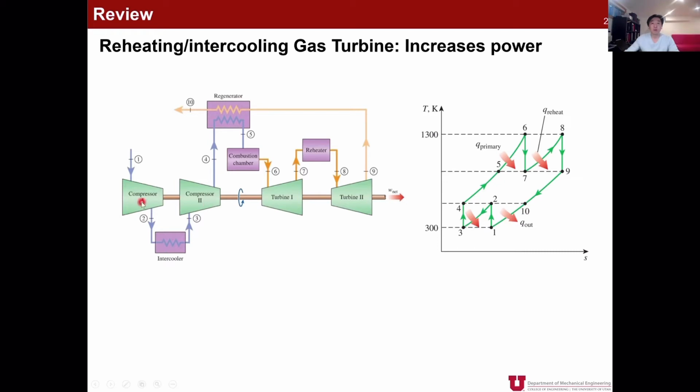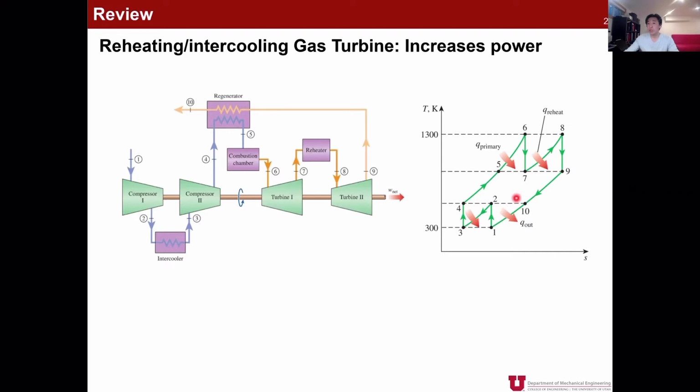Between compressor 1 and 2, we have an intercooler. And between turbine 1 and turbine 2, we have a reheater. By cooling down between the compressors and by reheating the gas between the two turbines, we can increase the net area surrounded by all these processes. What it means is that we can increase the power output.